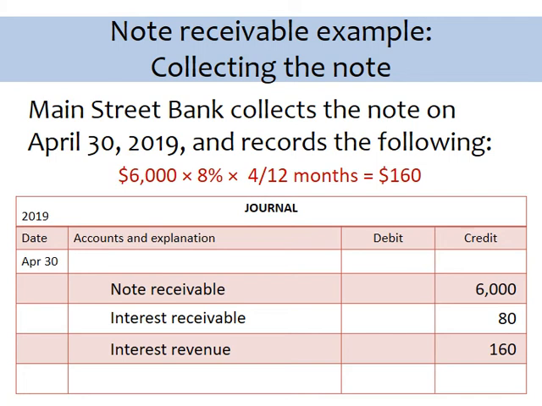The amount that the debtor will pay at note payoff will be the principal amount of the note, the $6,000, plus the interest receivable, $80, plus the interest revenue, $160. We add all three credits up and it totals $6,240, which is the amount of cash the debtor will pay the bank. We finalize the journal entry by writing the memo line and we're done.